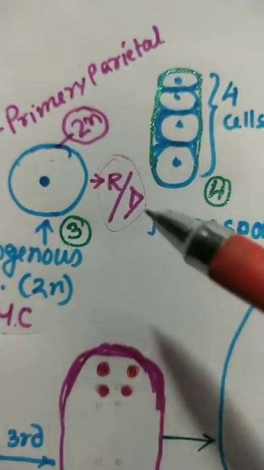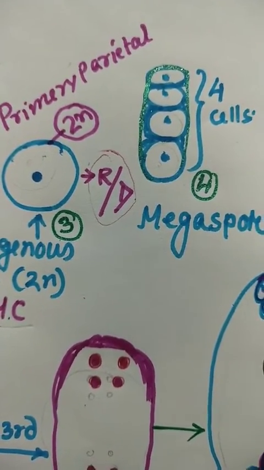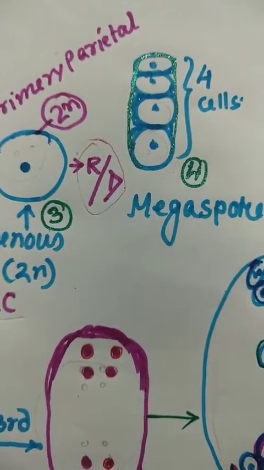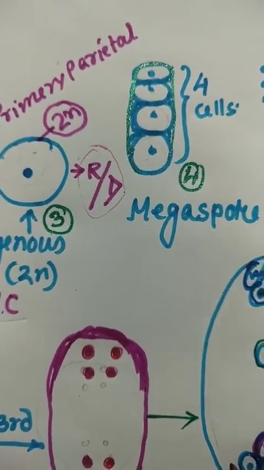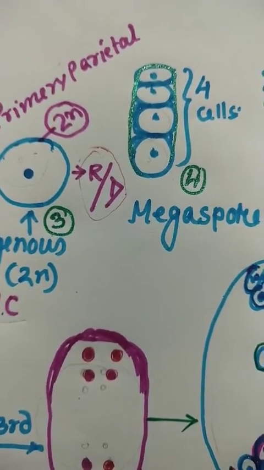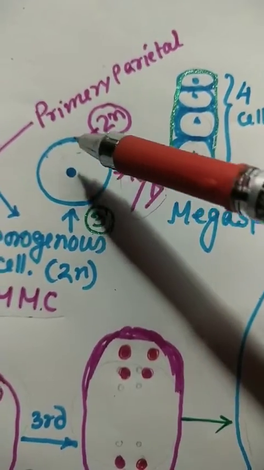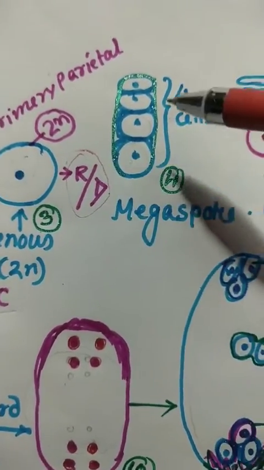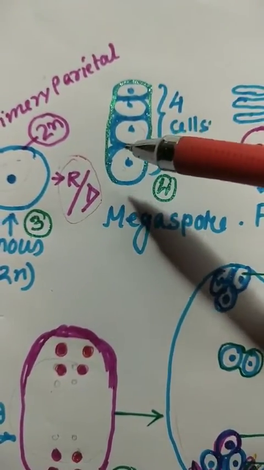Remember, from one microspore mother cell, microsporogenesis produces 4 haploid daughter cells, and these 4 haploid cells are known as spore tetrad. But here in megasporogenesis, from this megaspore mother cell, the 4 cells produced are known as linear tetrad.